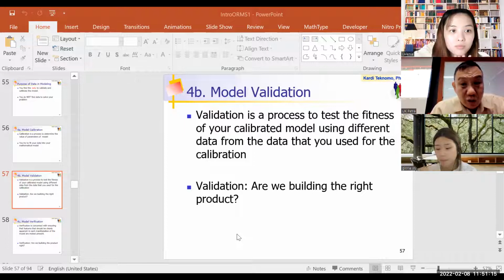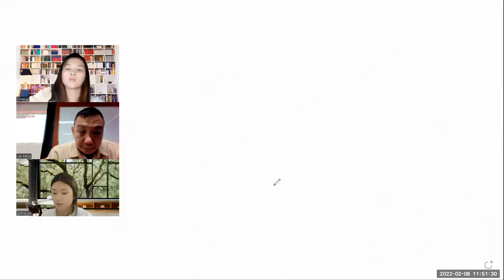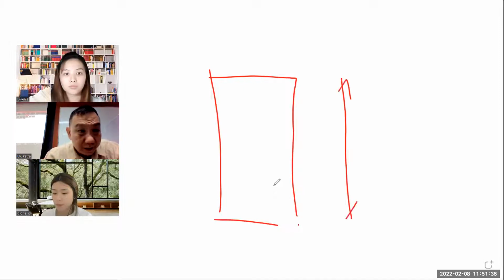And then you use different data than what you used for calibration. So I will draw on the whiteboard. Suppose this is your data, the whole data set. The length represents the data set. So what you will do is you don't use the whole data to calibrate your model.